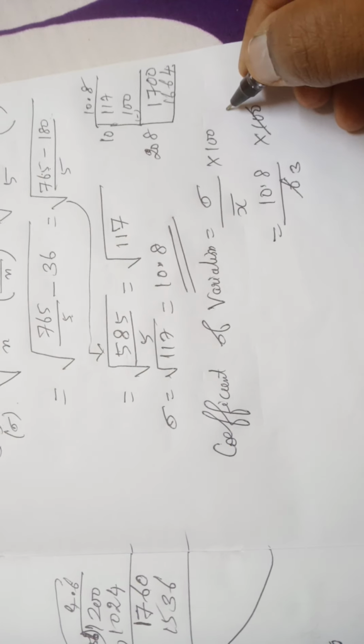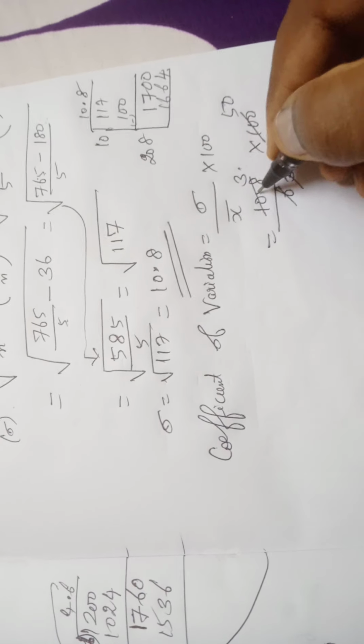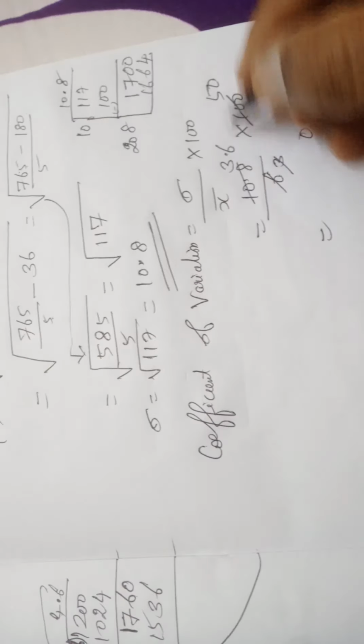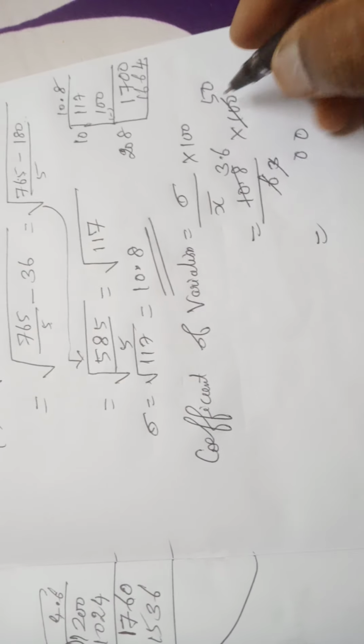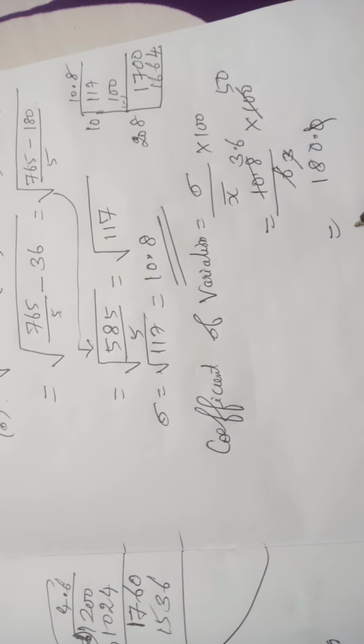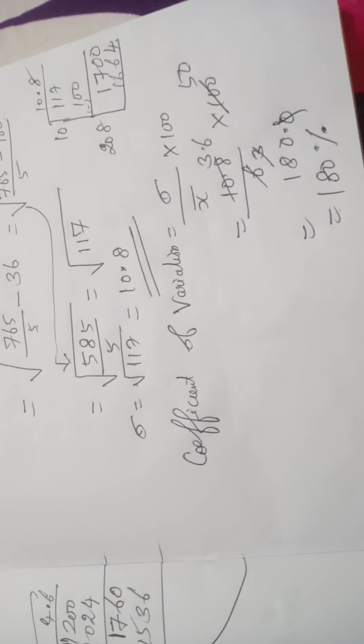This one is 50. 1 3 is 3, 3 3s are 9, 6 3s are 18. While we are multiplying it, 0 we can put. 6 into 5, 30. Balance 3. 5 3s are 15. 15 plus 18. So 180% is the value. So that's all.